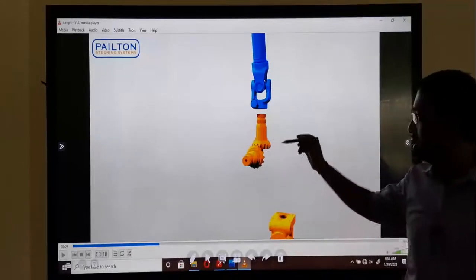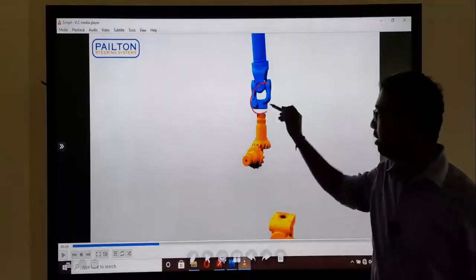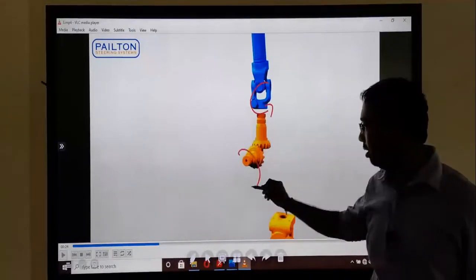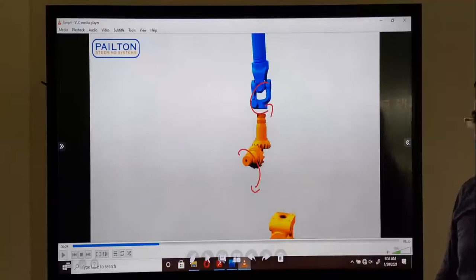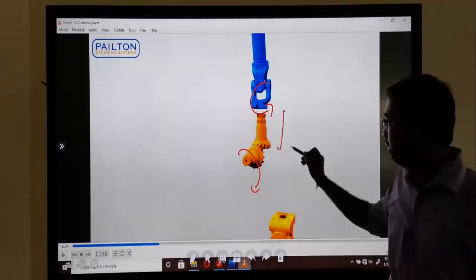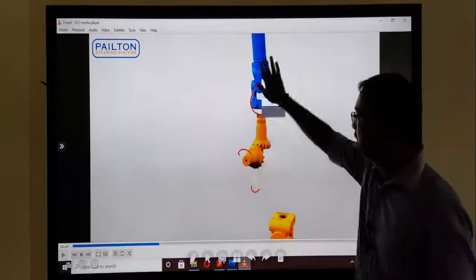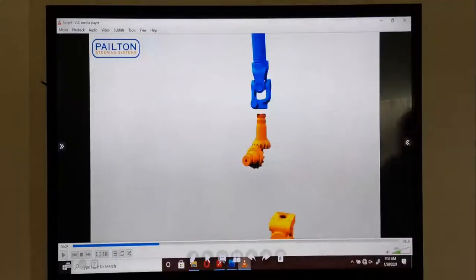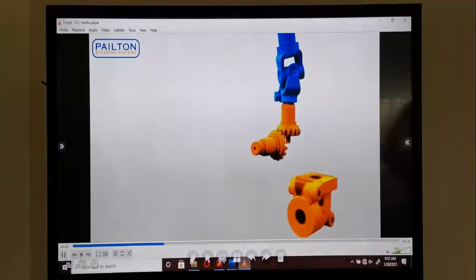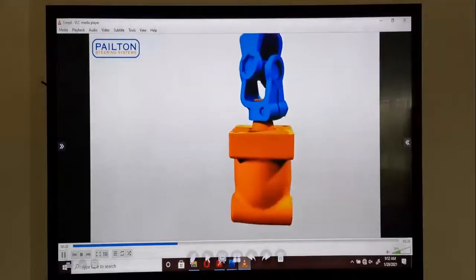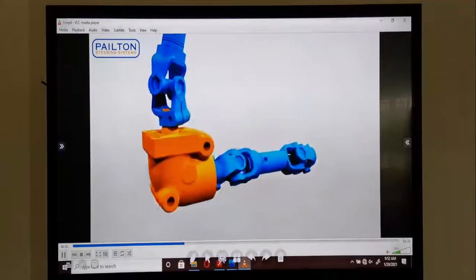Here it is rotated like this, and because of this gear arrangement the rotation is converted to the vertical direction. Then it is again connected with a flexible coupling.